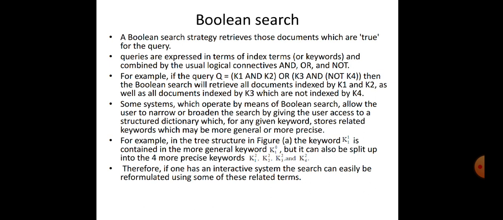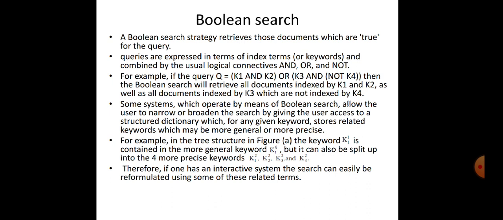Here we are expressing queries in terms of index terms or keywords. So in this query we will have some keywords and some logical combinations like and, or, not. Here, for example, you can see one query: K1 and K2 or K3 and not K4. This is our entire query.